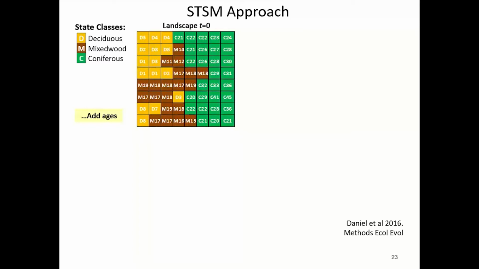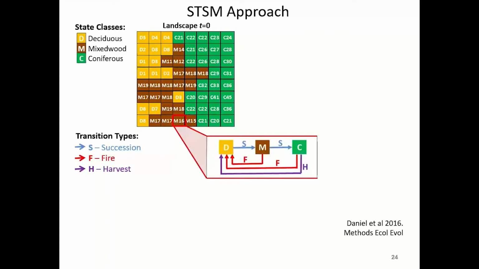So you start with your landscape. Each cell has a state and age, and then we develop what we call a pathway diagram. This is a diagram that describes the possible transitions that can take you from one state to another. You set up your currency for modeling as the states and the transitions you wish to recognize, and you come up with a pathway diagram like this that describes how these states can change in any one cell over time, and typically you assign probabilities to those transitions.